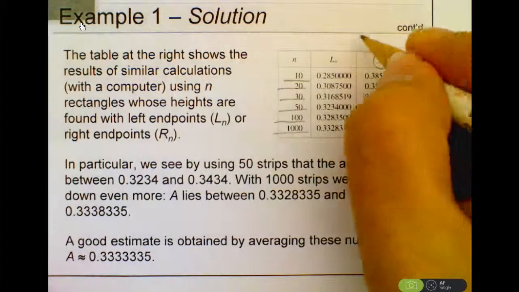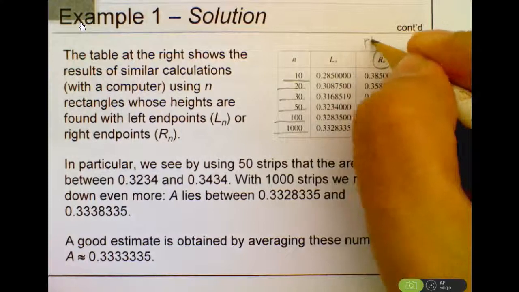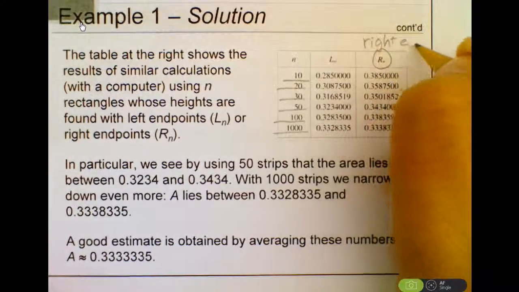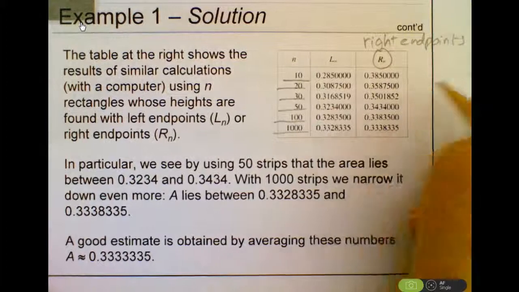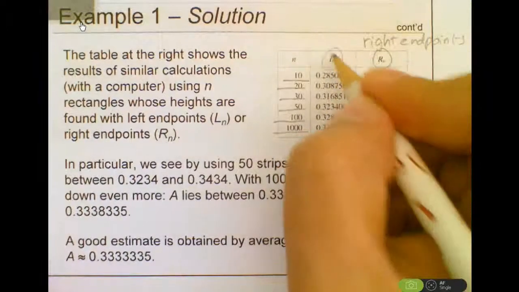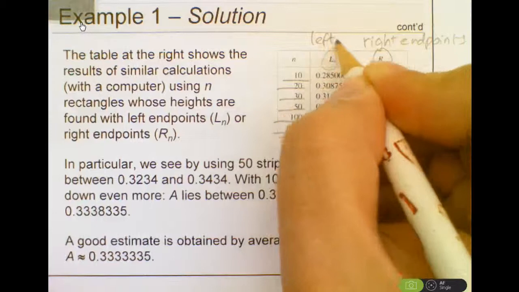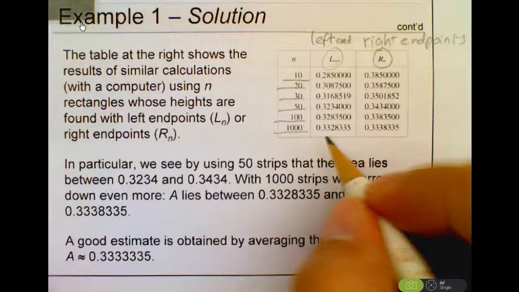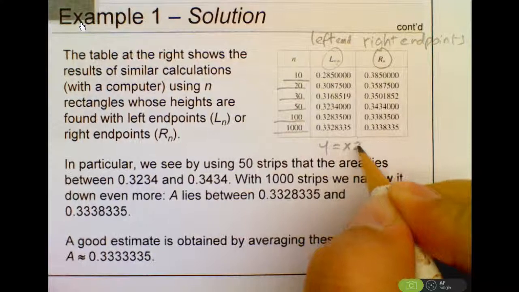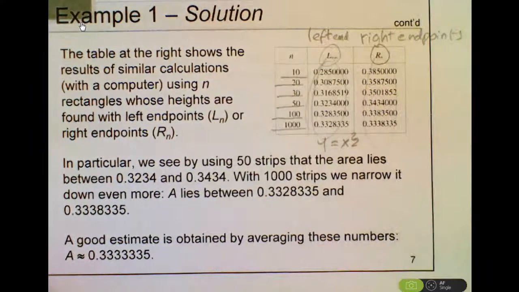R sub n means the sum of the rectangles generated by using the right endpoints of the intervals on the x-axis, and L sub n is by using the left endpoints. So for this particular curve, x squared, these are underestimates, and these are overestimates.